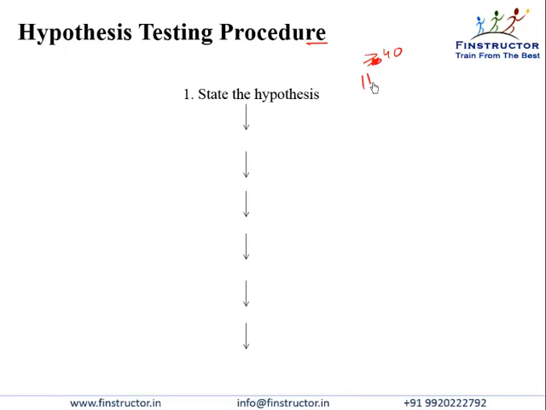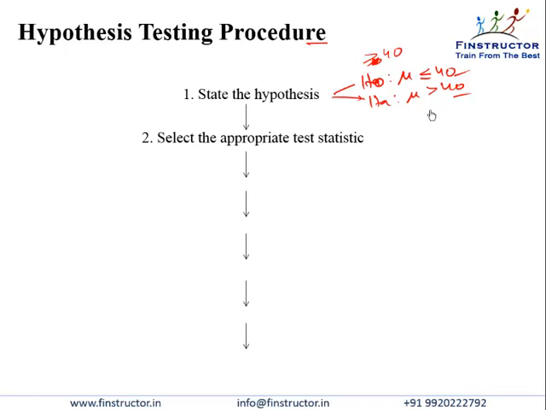So the null hypothesis would be that the average age is less than or equal to 40. If we reject the null hypothesis, then we will conclude the alternative that the average age is greater than 40. So that's the first step. That is stating the hypothesis. The hypothesis was that the average age of the population is greater than 40.